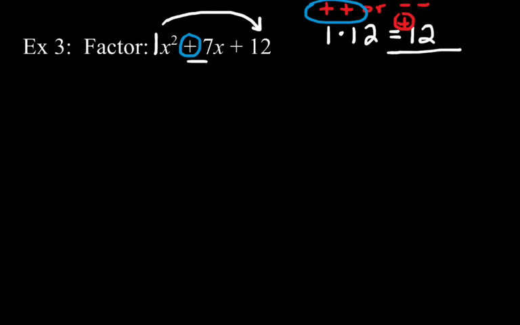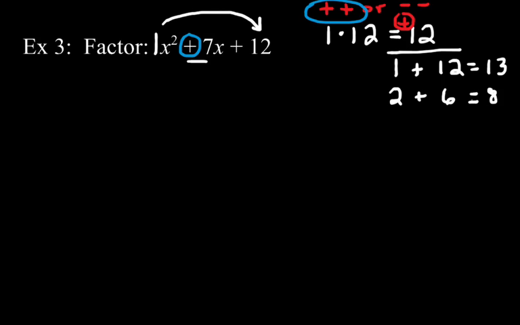So our first option is 1 times 12 equals 12, but 1 plus 12 does not equal 7. I'm going to put a little plus sign in here just to illustrate this. This is 13, it's not 7. The next option, and I usually start with 1 and just go up, is 2. 2 times 6 equals 12, but 2 plus 6 equals 8, so that's not going to work out for us.